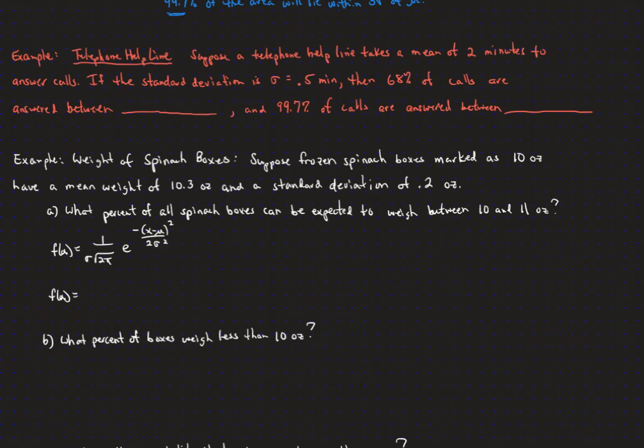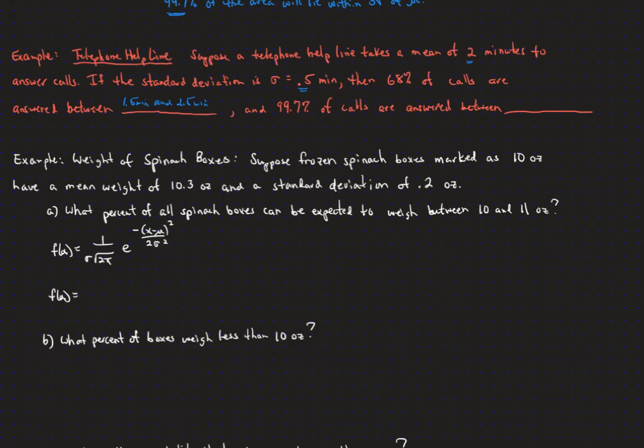So that would mean between 1.5 minutes, that's 0.5 less than the mean, and 2.5 minutes, that's 1 standard deviation to the right of the mean. So 68% of the calls will be answered between 1.5 and 2.5 minutes.